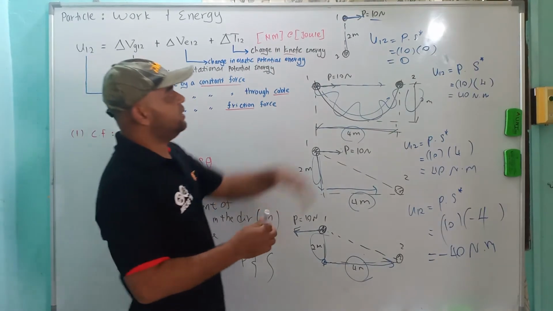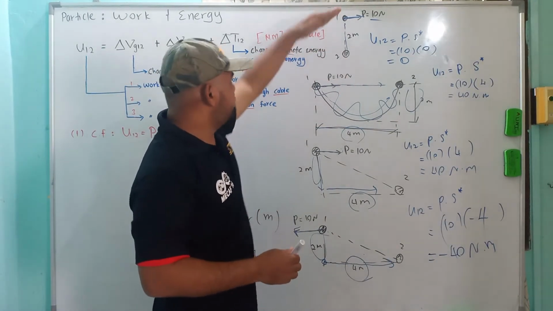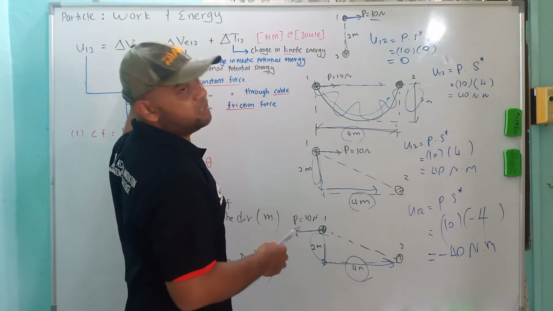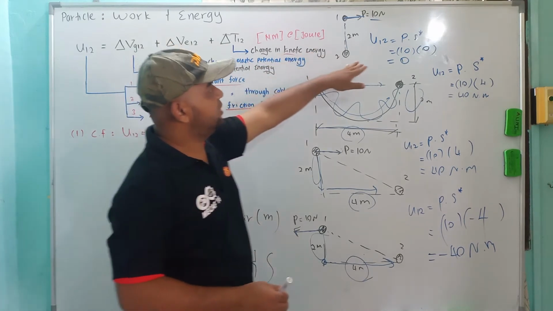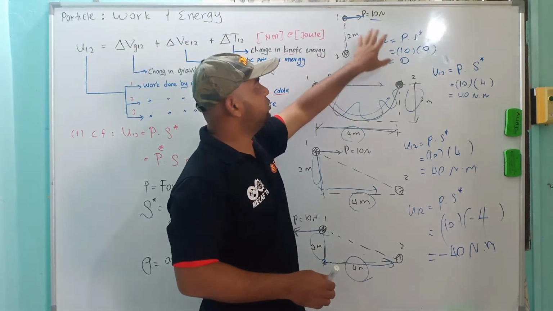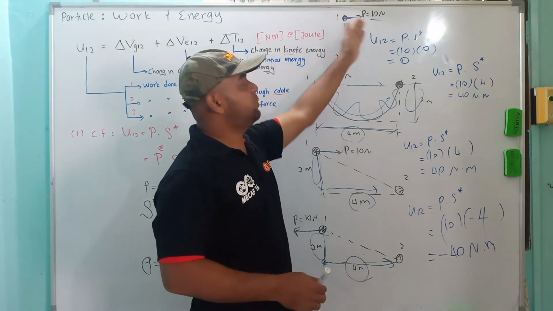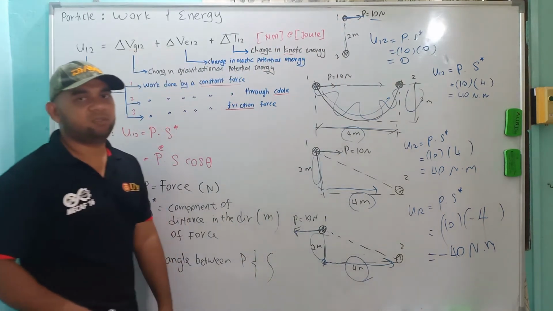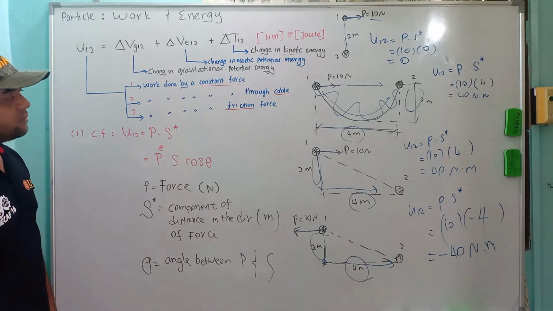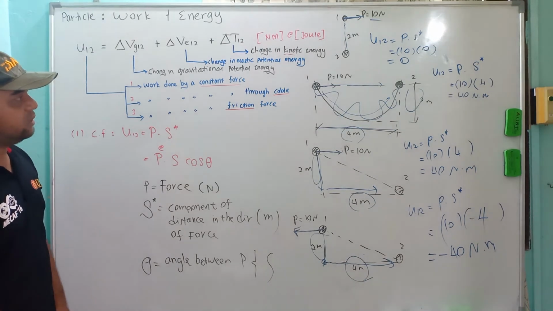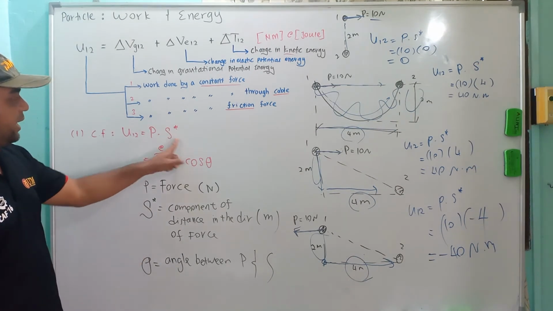The movement downward will be catered for by delta Vg. So in this case, U12 only takes the component in the same direction as the force. This is how we use the P S star.